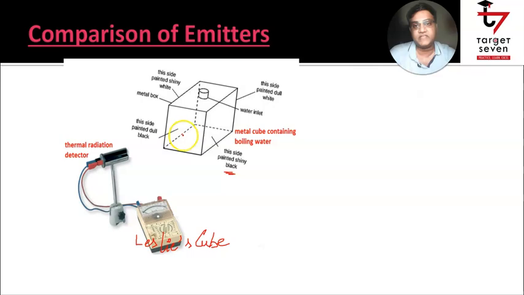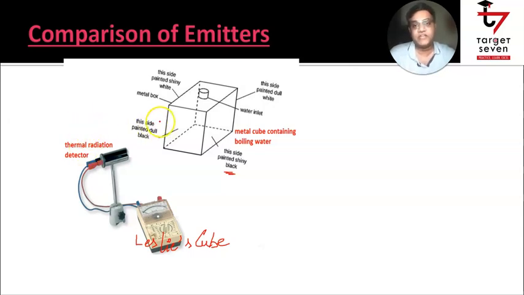This side is painted dull black. On this side I have a shiny white surface, and on that side I have a dull white surface. The moment you pour in the boiling water, each and every surface is provided with the substance at the same temperature.